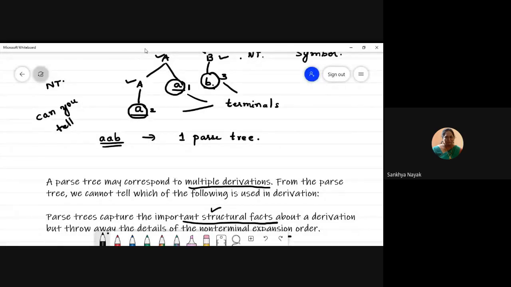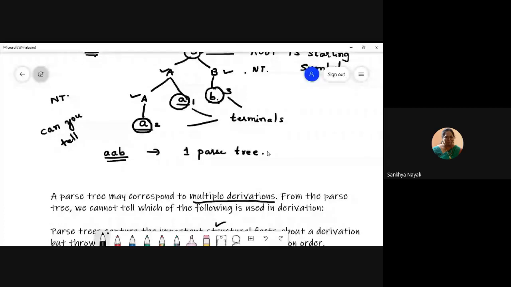But we cannot tell by looking at the parse tree which one was used, because ultimately AAB is generated, right? AAB can be generated in more than one way, but by looking at the parse tree, I cannot tell. For example, in this particular tree, when I draw, this A was derived first, then this was derived, and then this was derived. But looking at the parse tree, you cannot say that.